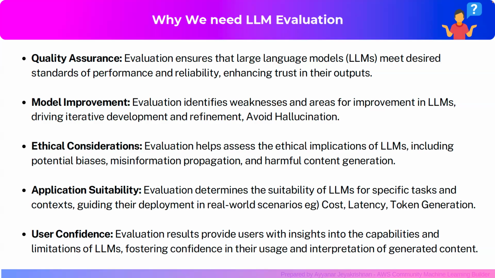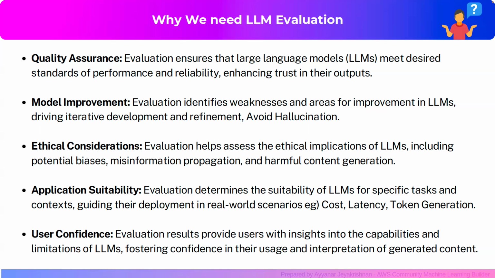And again, application suitability. Let's say you want a big context window, you need a model which will provide a big context, or if you need a model which will create a large number of text tokens as output, you need that particular model, and you are okay with the latency.